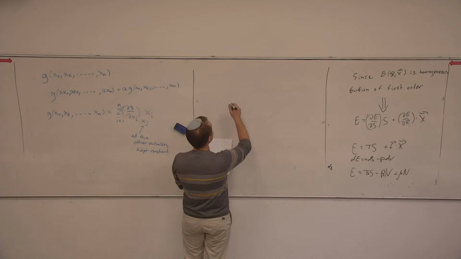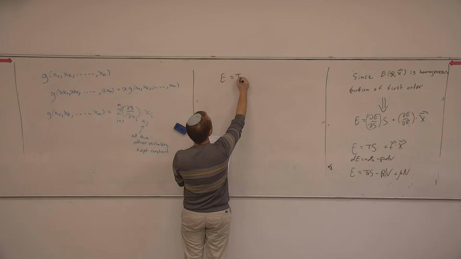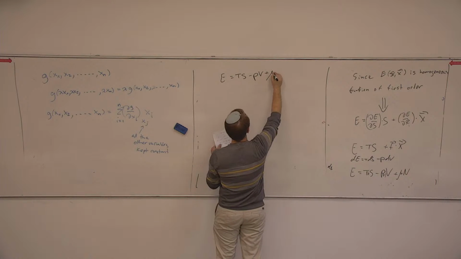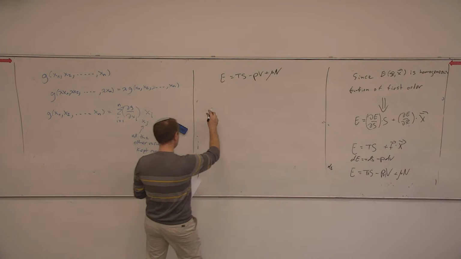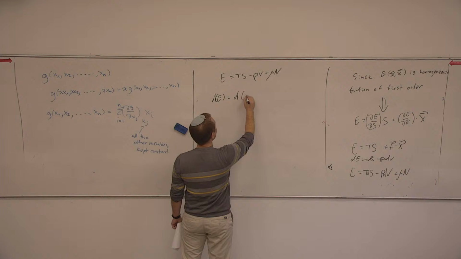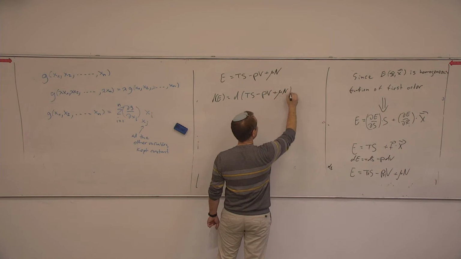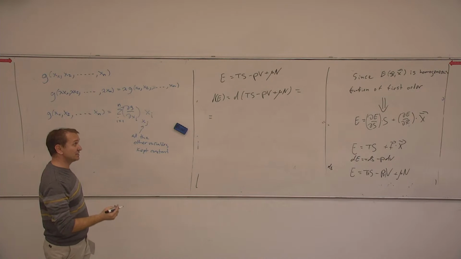All right, so let's start. We have E equals TS minus PV plus mu N. Let's take the differential of this. So what is dE? It is d of TS minus PV plus mu N. Let's do some very simple math.